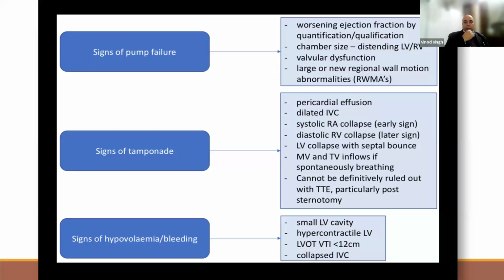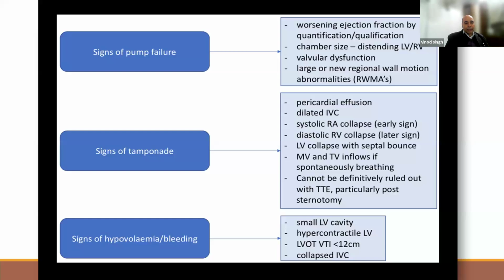Now we know the signs of pump failure, and you can find out in the echo: there is ventricular distension, then chamber size, then wall motion abnormality. All these things can be done. You can find out the signs of cardiac tamponade: pericardial effusion, dilated IVC, systolic collapse, and you can also go for a drainage.